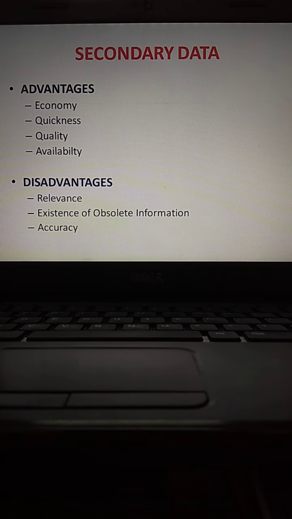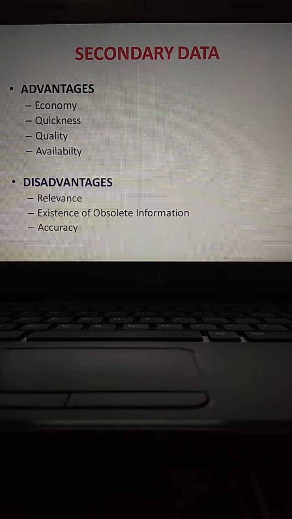You are just picking the data. So it is more economical. As for quickness, most of the time you consume less time. Within a short period you can have all this information.